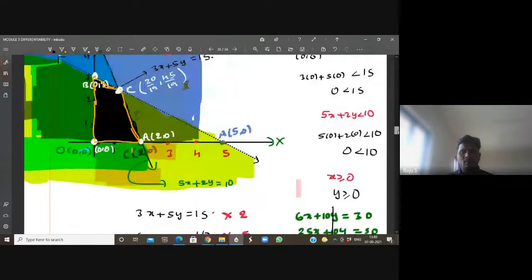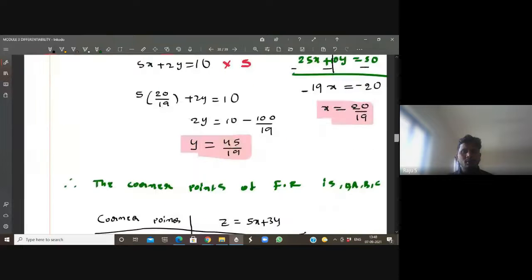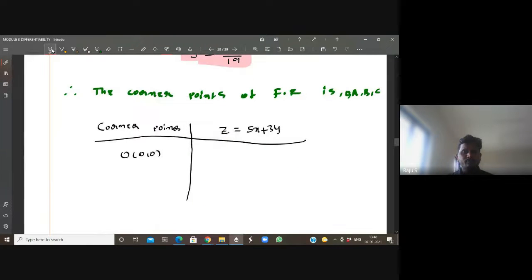Now, what are the corner points: 0 comma 0, A is 2 comma 0, B is 0 comma 3, and C is 20 by 19, 45 by 19.